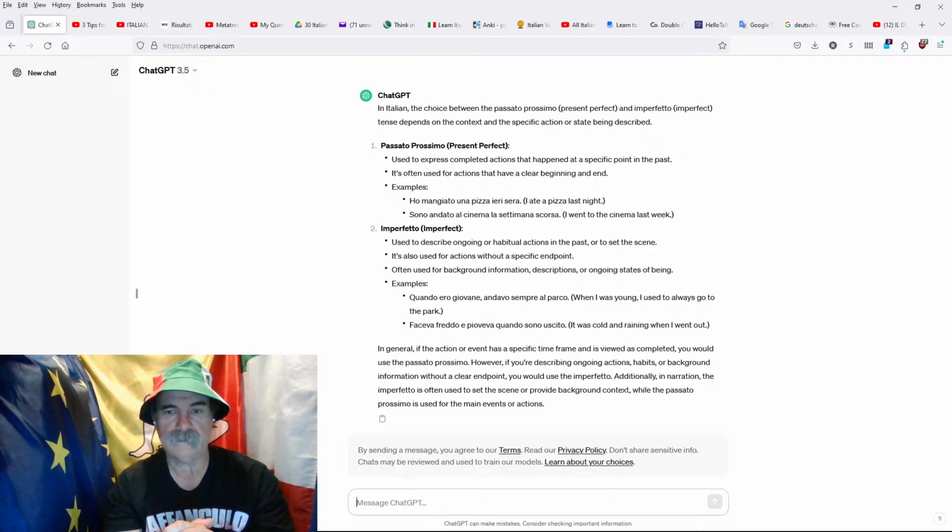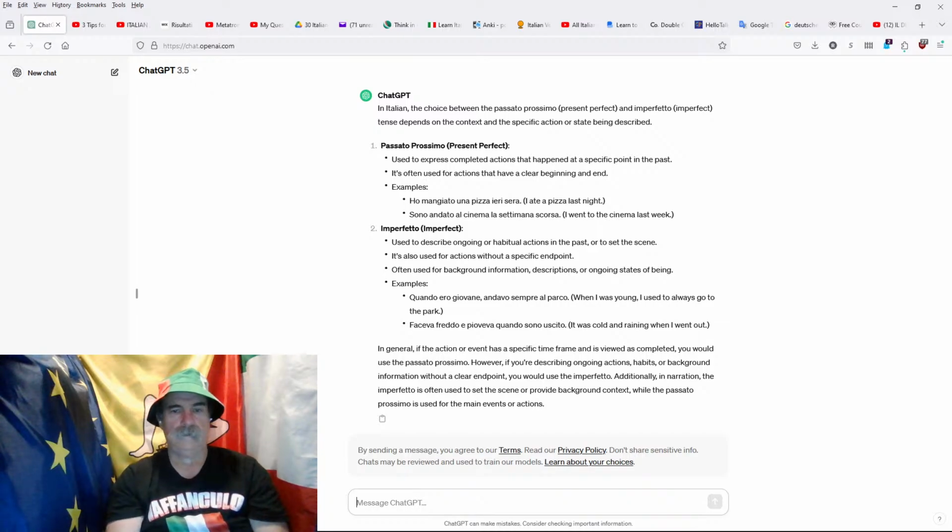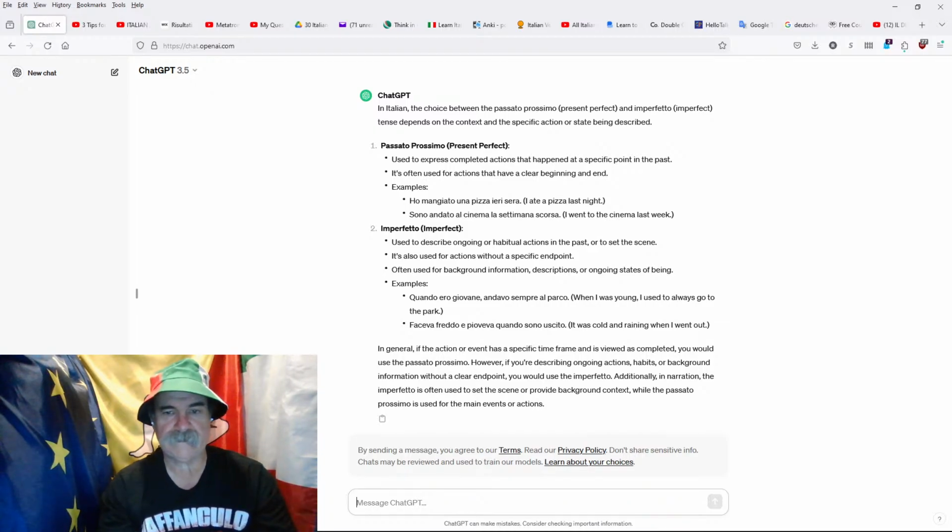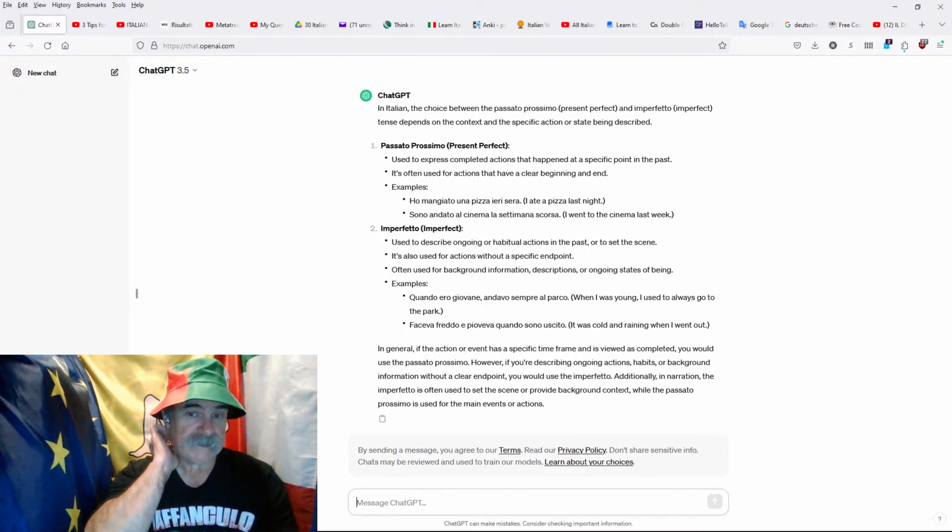Quando ero giovane andavo sempre al parco. Faceva freddo e pioveva quando sono uscito. In general, if the action is an event that has a specific time frame and is viewed as completed, you would use passato prossimo.